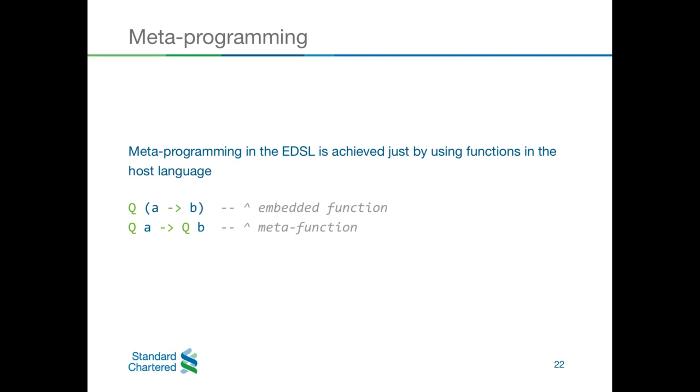So metaprogramming is a first-class thing in an EDSL. The embedded functions are almost second class. There's a function in the host language to create an embedded function, and another function to apply an embedded function.